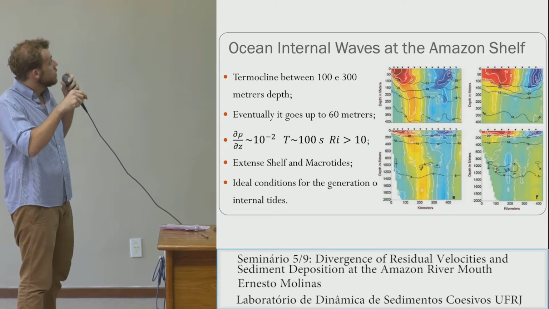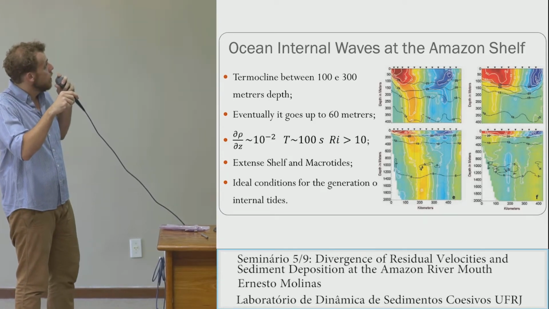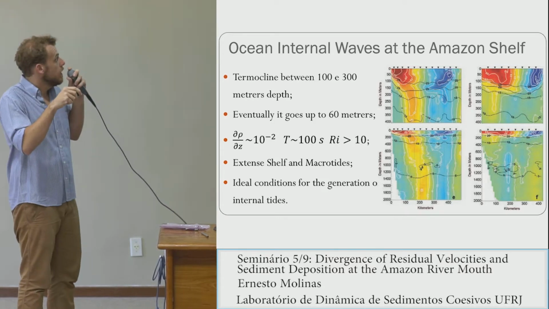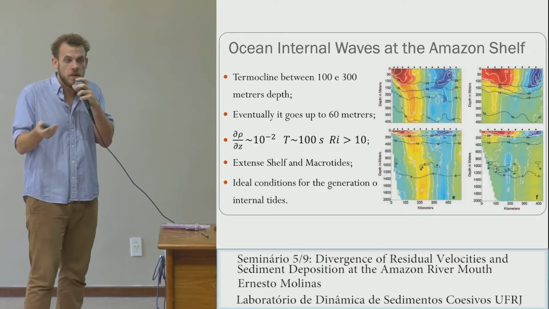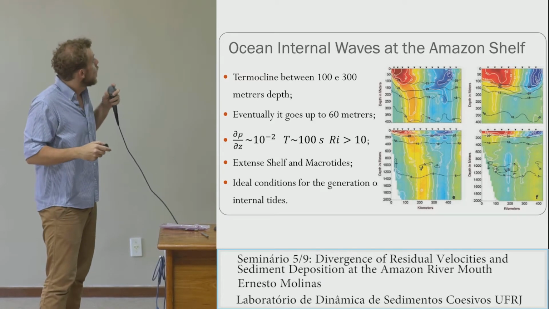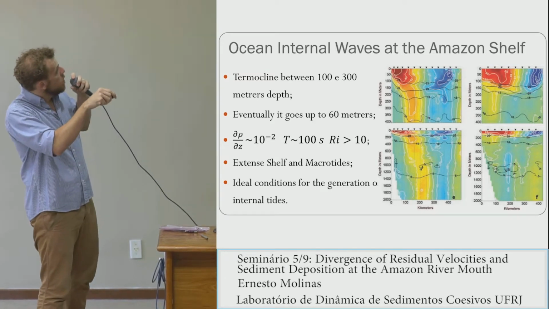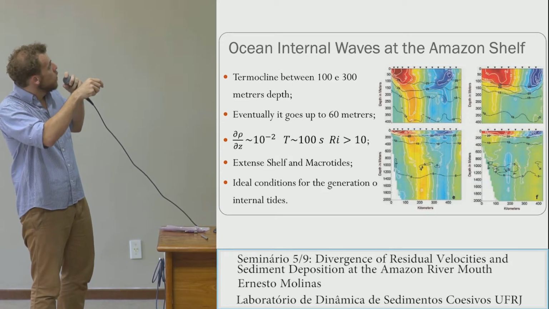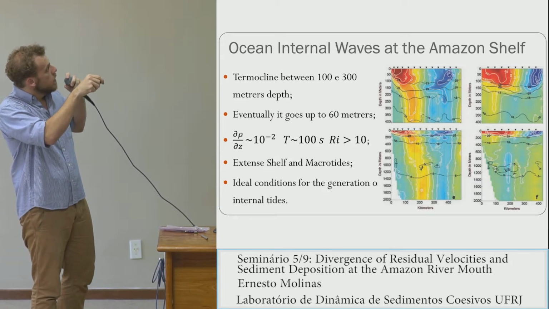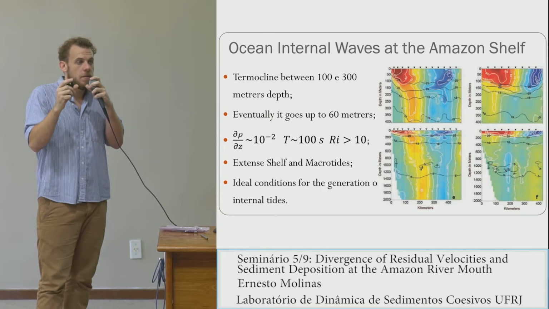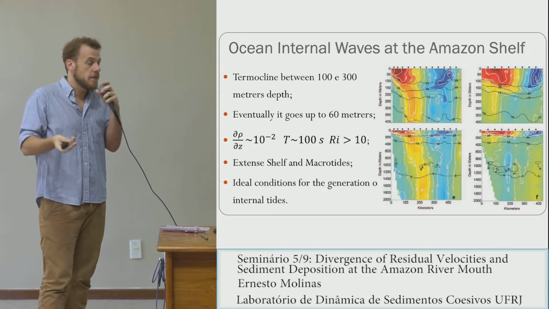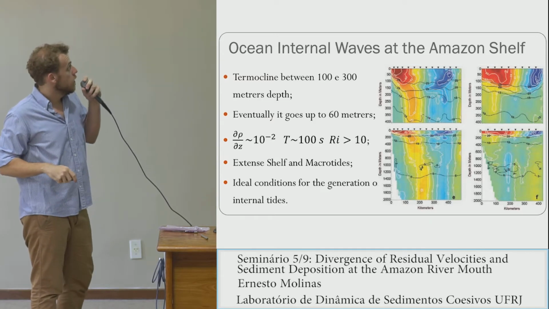These observations are made by looking at surface roughness in satellite images, and it agrees with the hydrodynamics. This is a SAR image, and we're looking at internal wave breaking, and this region is right in the place where we think that the sedimentary processes would be affected by the internal wave breaking.